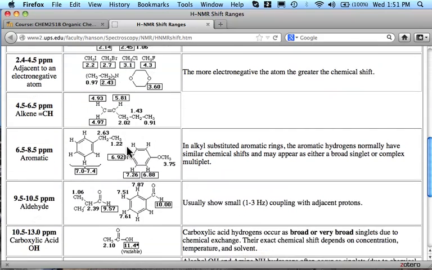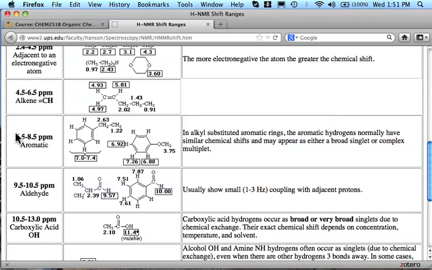There are some very nice distinctive regions. Probably the most common that we can see right away from an NMR is the aromatic region around 7 ppm. There's also alkene regions that come slightly higher. Much higher than that is an aldehyde, and aldehydes are very easy to pick out in the NMR because there's not typically things that come up around 10 parts per million except an aldehyde proton.